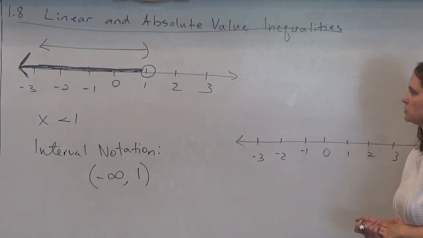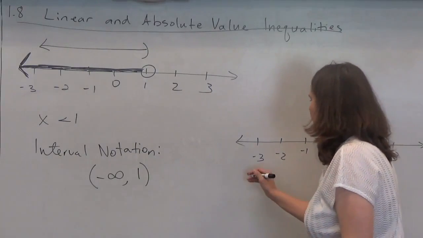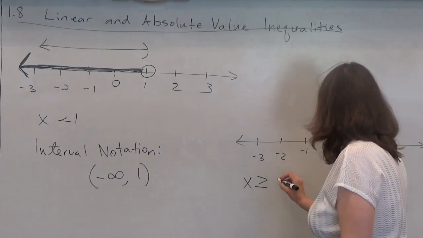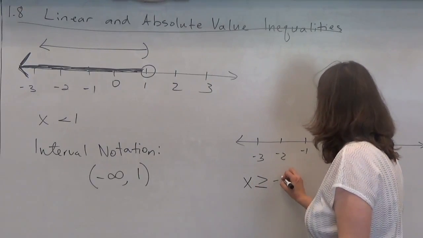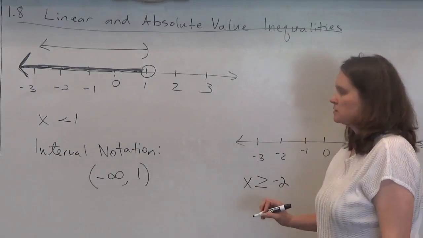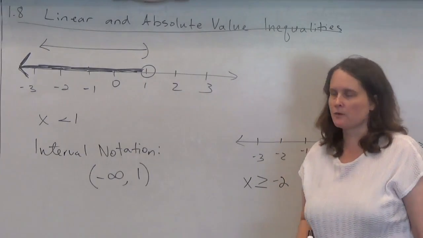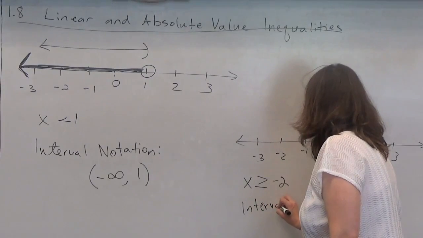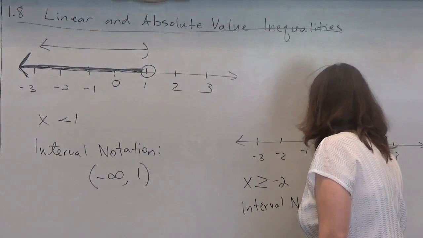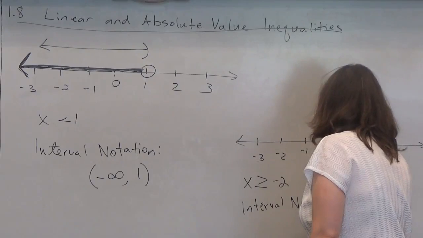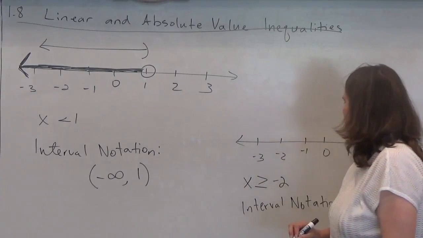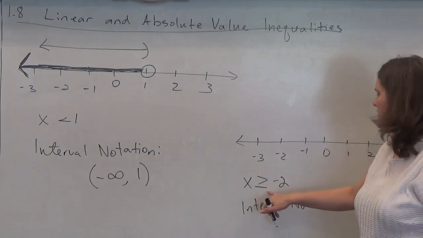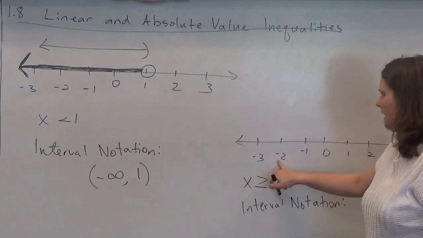This time, let's say I want to graph x greater than or equal to negative 2, and then I want to give my answer in interval notation as well. So how do you graph x greater than or equal to negative 2? Here's negative 2 on the graph.